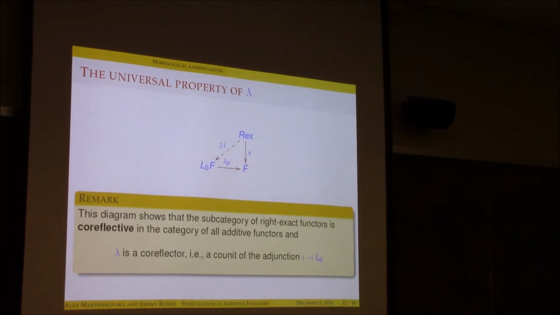So, said differently, the embedding iota, this tiny letter here, that embeds right exact functors into all additive functors, has a right adjoint, and that is L naught. Which gives you an interesting characterization. It's too bad that the nomenclature gets mixed here. But anyway, right exact and co-reflective.